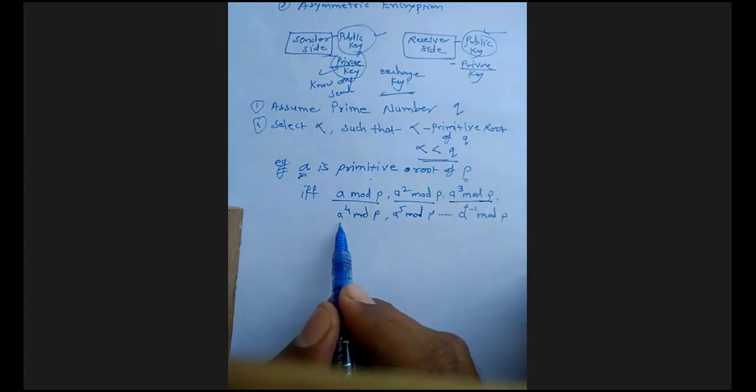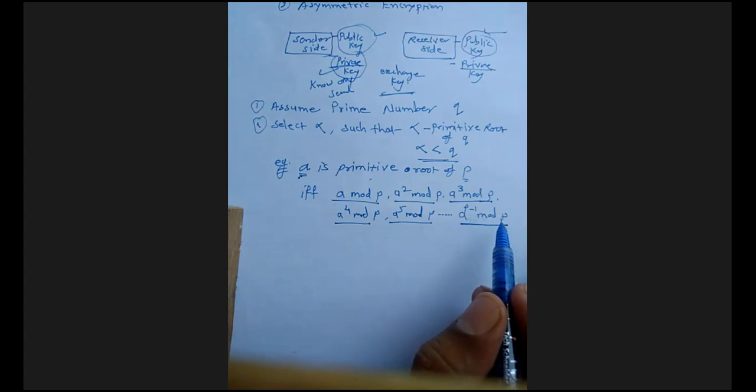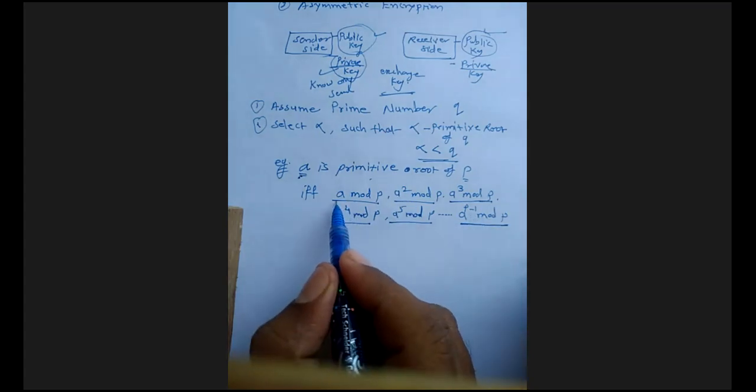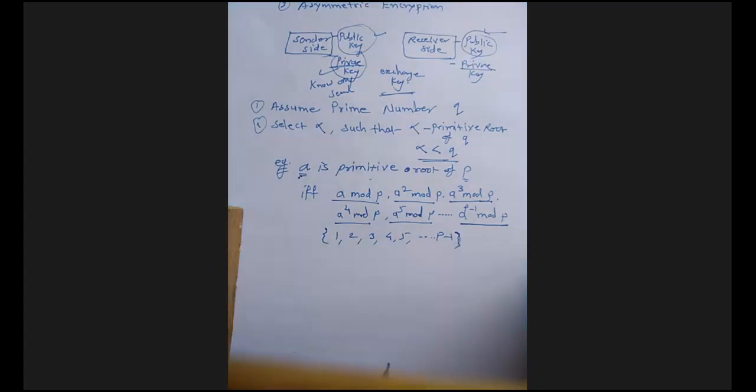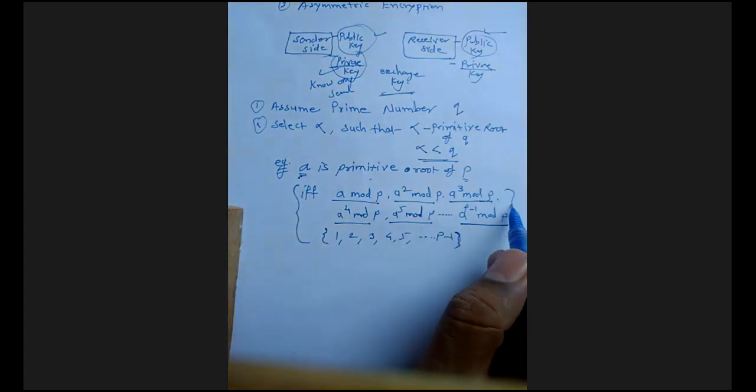Second, A square mod P. Then A cube mod P, A raised to power 4 mod P, A raised to power 5 mod P, going up to the last one, A raised to power P minus 1 mod P. Suppose the output of these is 1, 2, 3, 4, 5, like these numbers, up to P minus 1. Got it? Then and only then A is a primitive root of P.